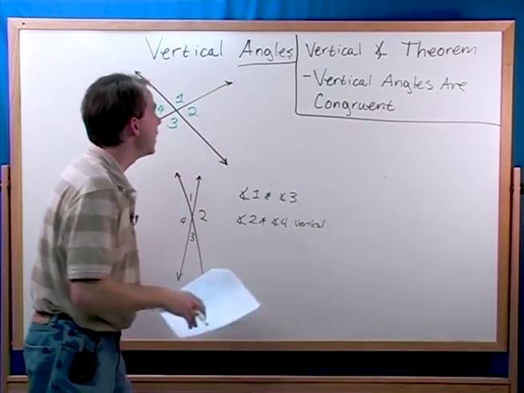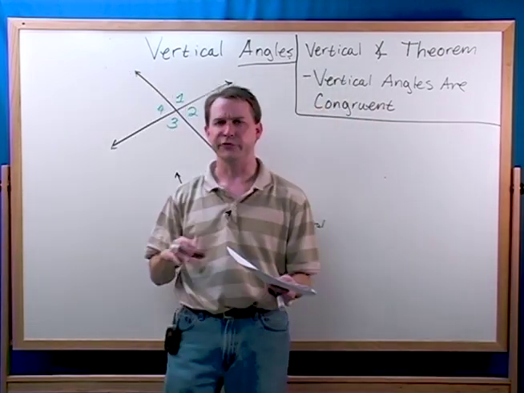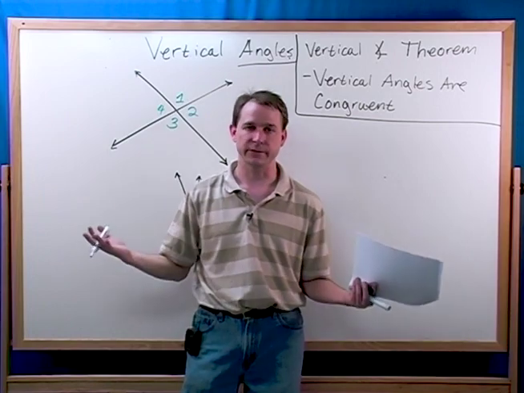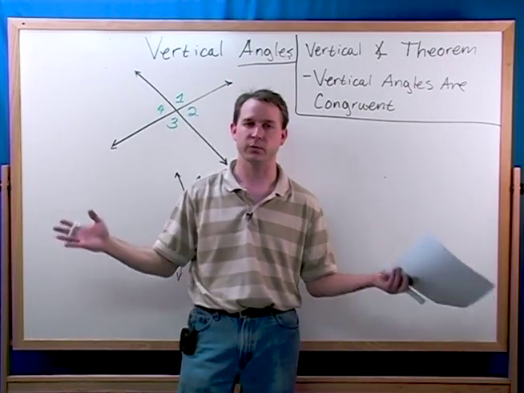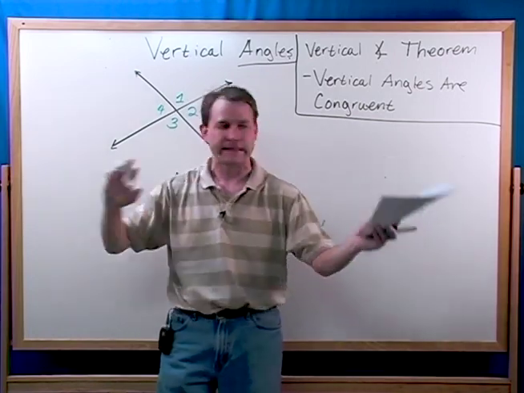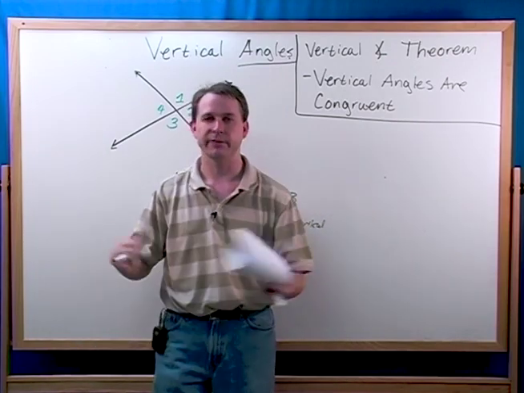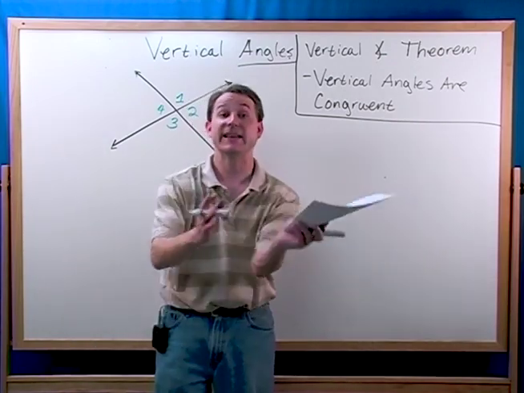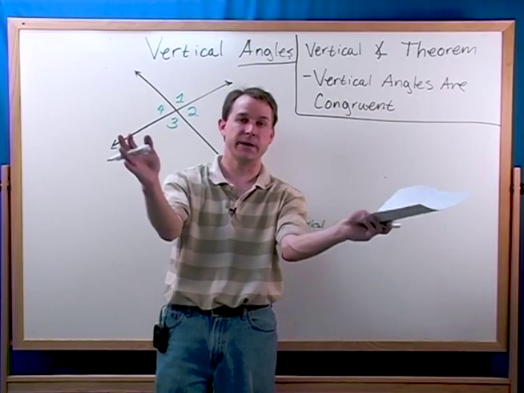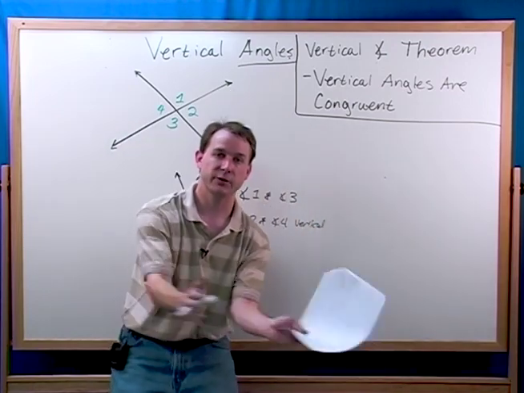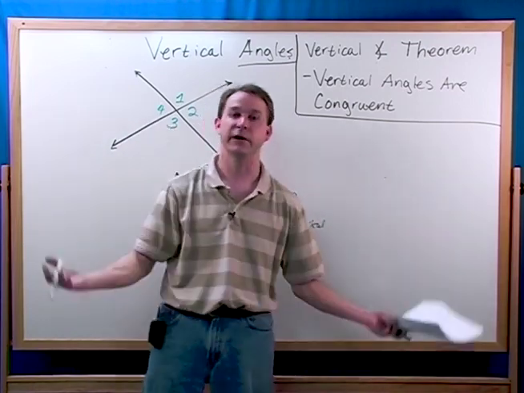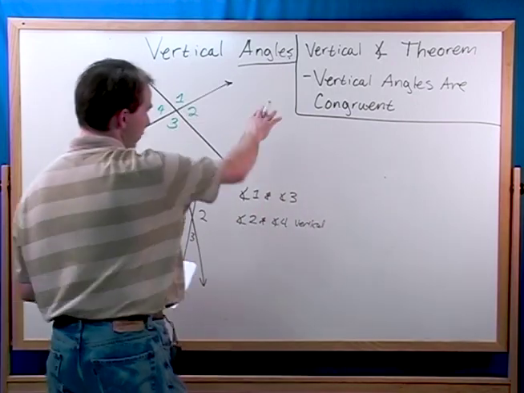The word congruent is used all the time in geometry. It just means equals. Congruent means equals. This is congruent to that. This angle is congruent to that angle. Just means they're equal. They have the same measure. So an angle this big right here and down here an angle this big, they're the same measure. They are congruent, okay? Vertical angles are congruent.